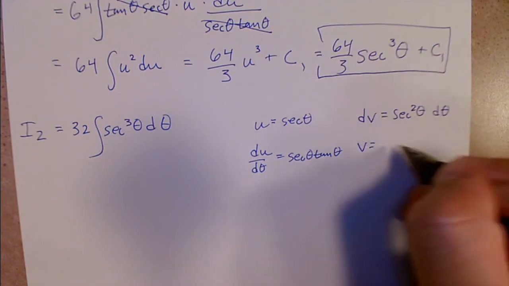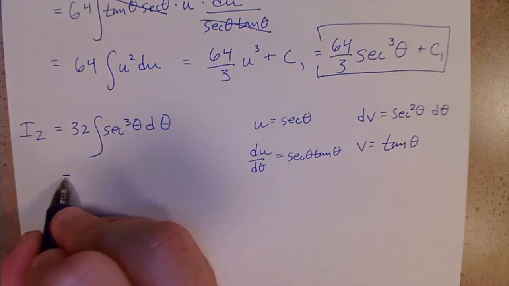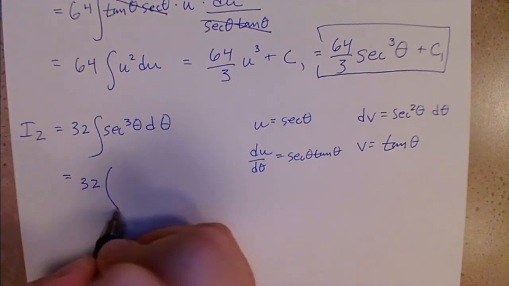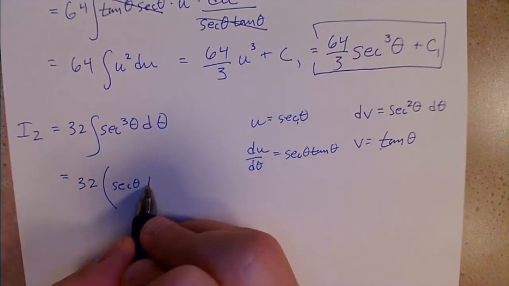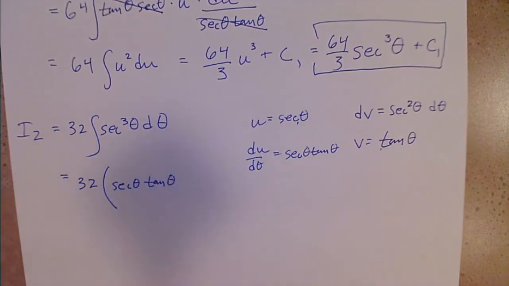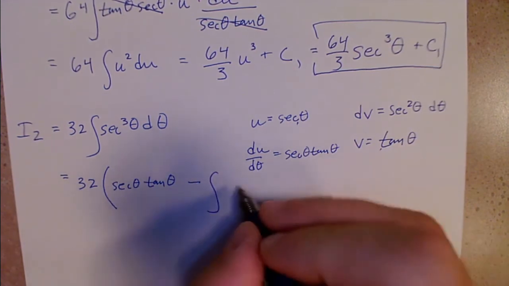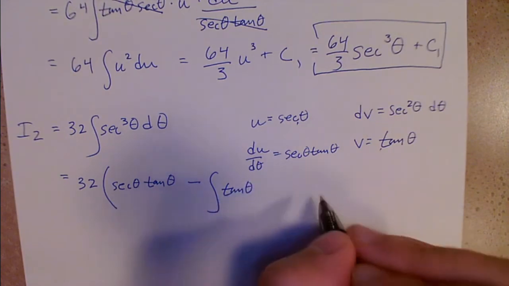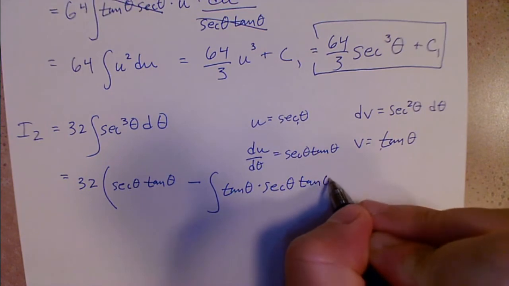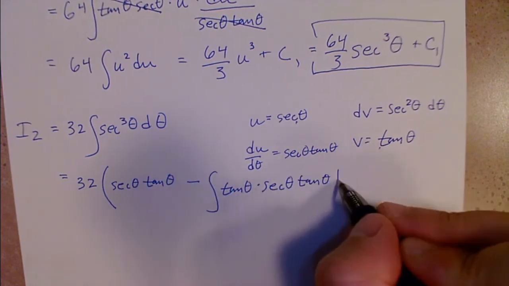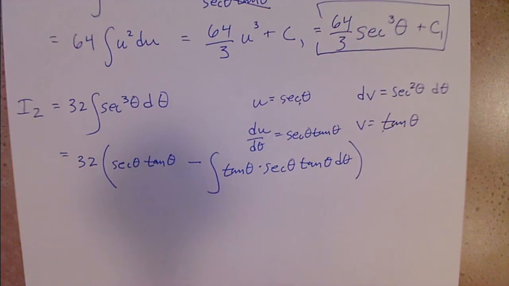The integral of this thing is tangent theta. So this becomes 32 times uv, so secant theta tangent theta, minus the integral of v, which is tangent theta, du, which is secant theta tangent theta. Cross multiply that d theta over. Boom. There we go. So we're getting there.